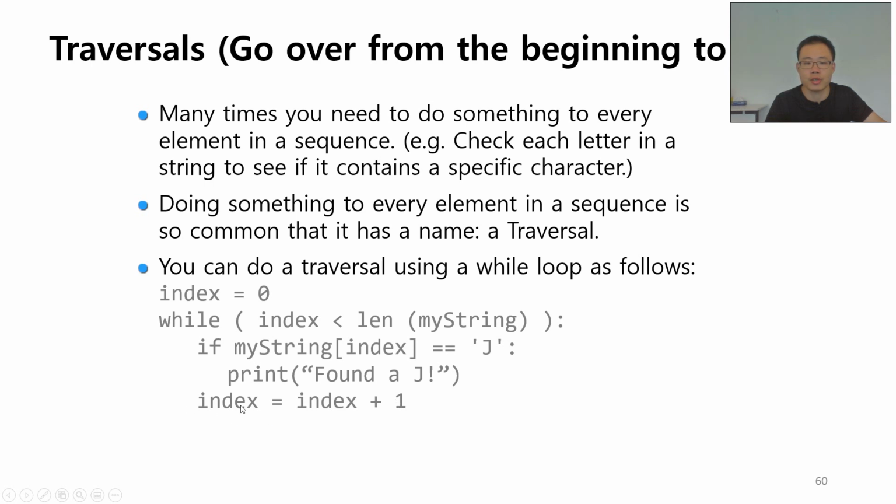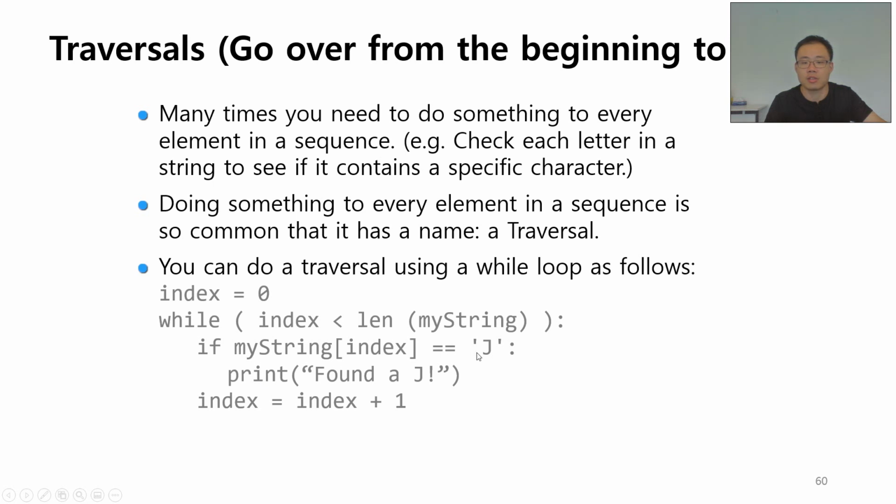If you don't increase index by 1 every time, then you will end up in a loop that never ends. So you first give index the value 0. The first time, myString 0 will be checked if it is j.